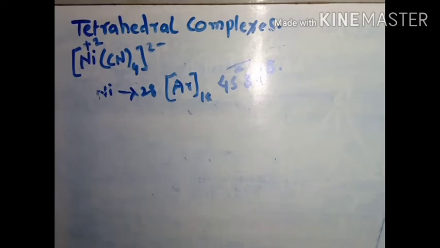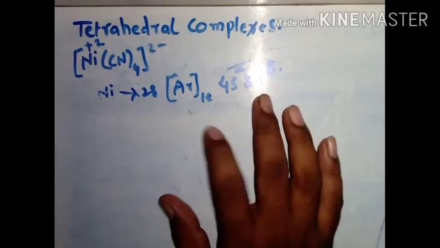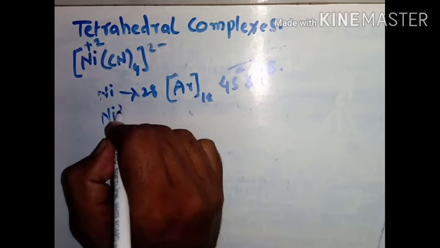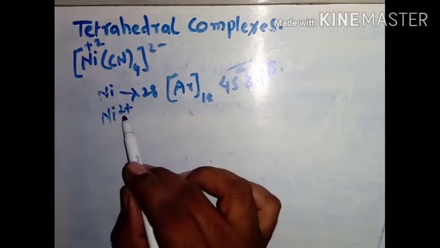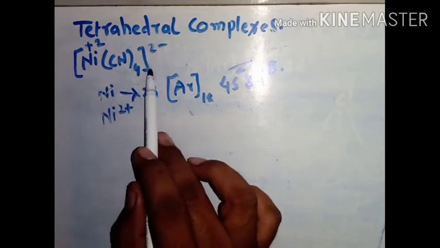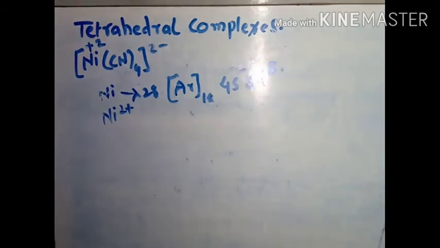Since you know that nickel has atomic number 28, its configuration is 4s2 3d8 with respect to argon. Nickel in a +2 oxidation state, Ni2+, means nickel loses 2 electrons for the formation of such a complex, so we remove 2 electrons from here.